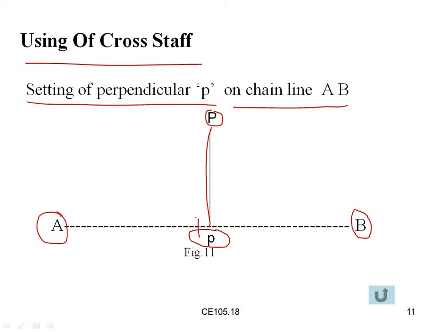By keeping the cross staff here, we look through the four sides with our eye. Then, within the grooves, the point P will be marked. This is an object point marked on the ground with the help of the cross staff. This is nothing but the perpendicular offset.